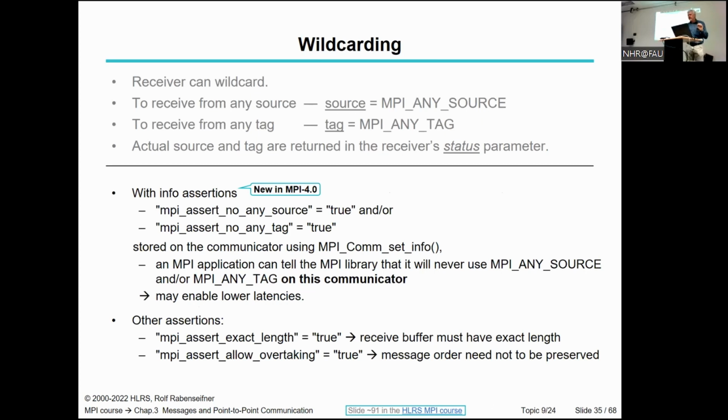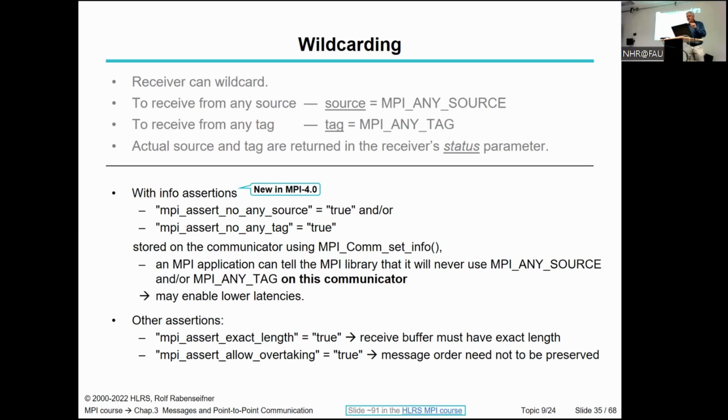That's completely different. In the past, info handles were only used to ask for some functionality, and the MPI library had the right to know what you want to have. You could tell, I want disk striping on 5 stripe units. If your computer center has no disk striping, then it was ignored.